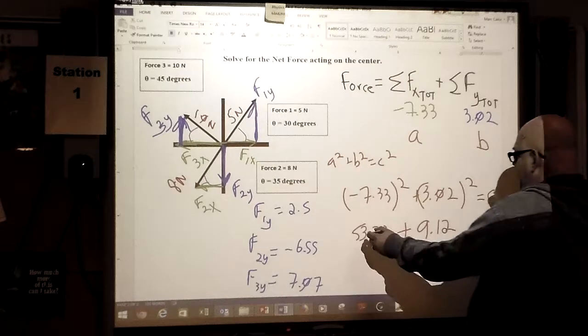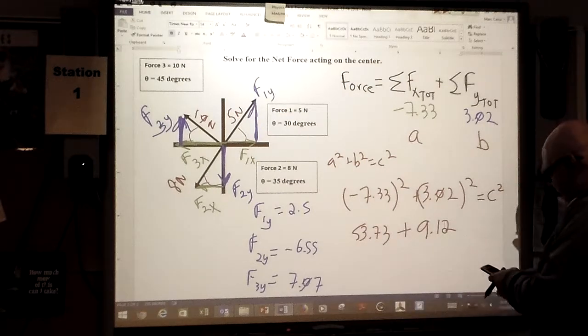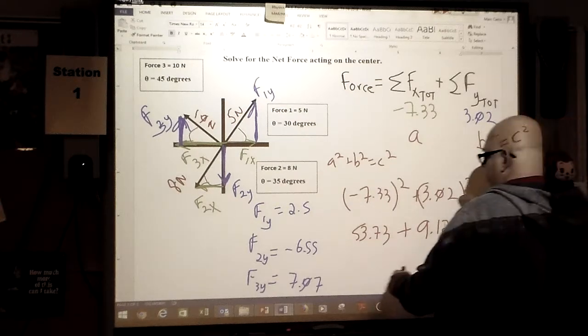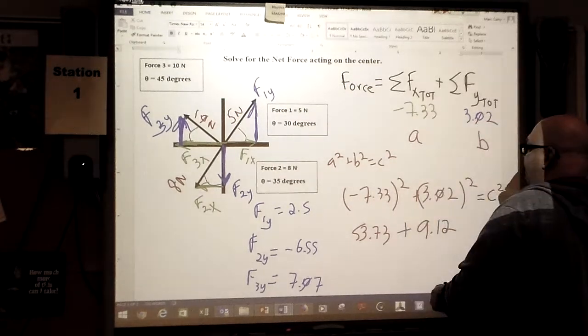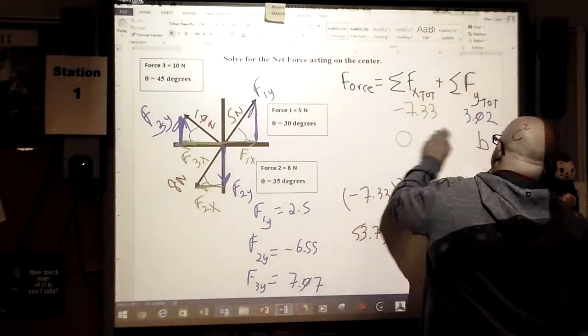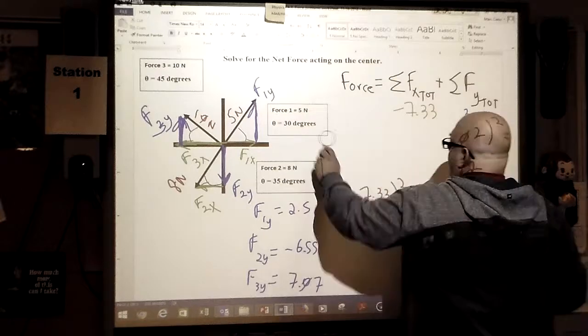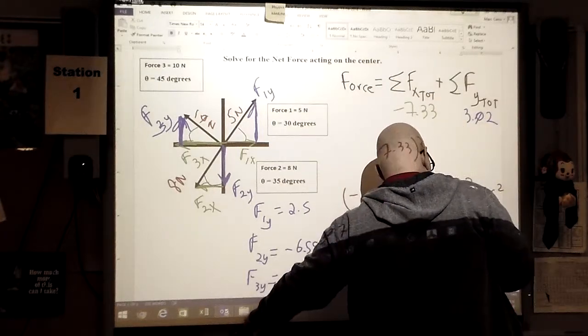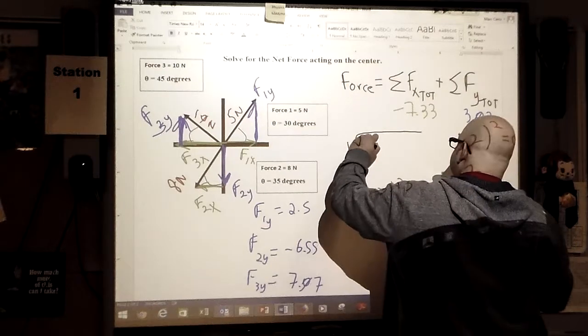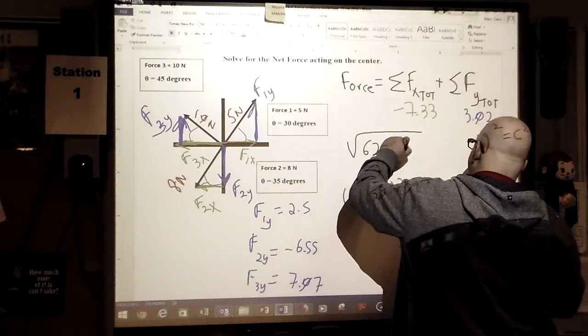Okay? So now we have this. We're going to add them together. Plus 9.12, and we walk away with 62.8489. I am now going to erase this. So now we'll have to take the square root of 62.85.